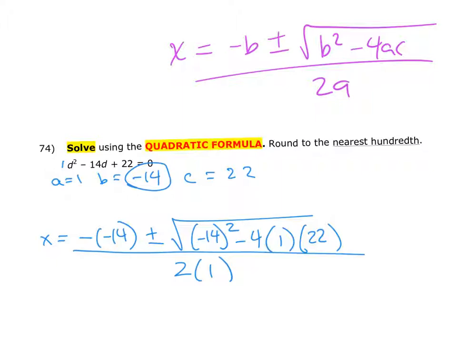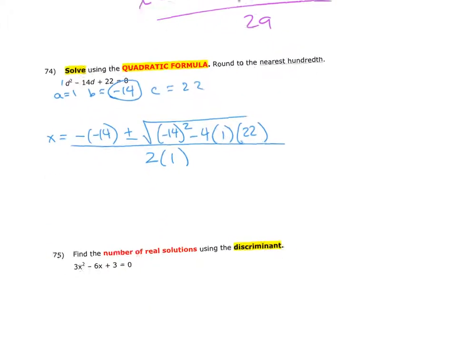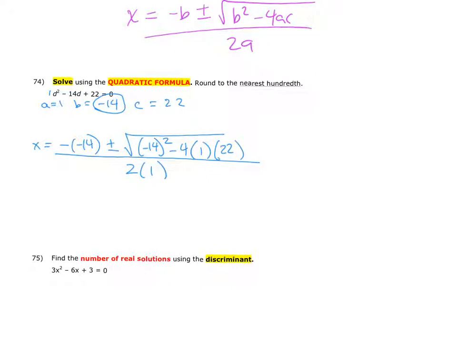When I punch these things into my calculator, carefully, this first one becomes positive 14 plus or minus the square root of, well, negative 14 times negative 14 is 196. Negative 4 times 1 is negative 4. And negative 4 times 22 is negative 88, over 2.